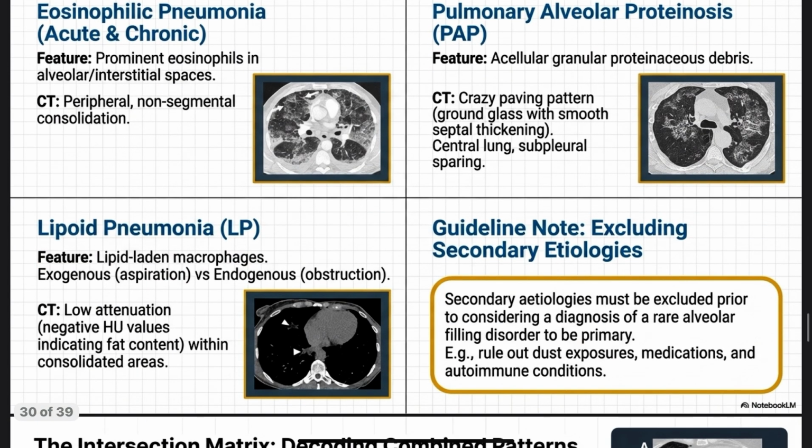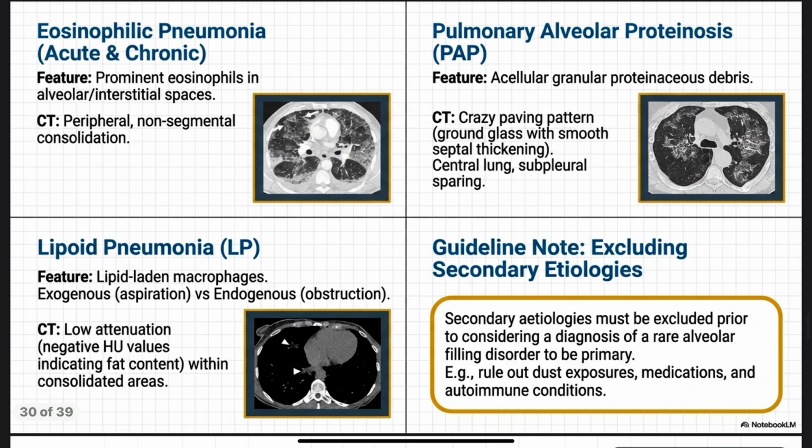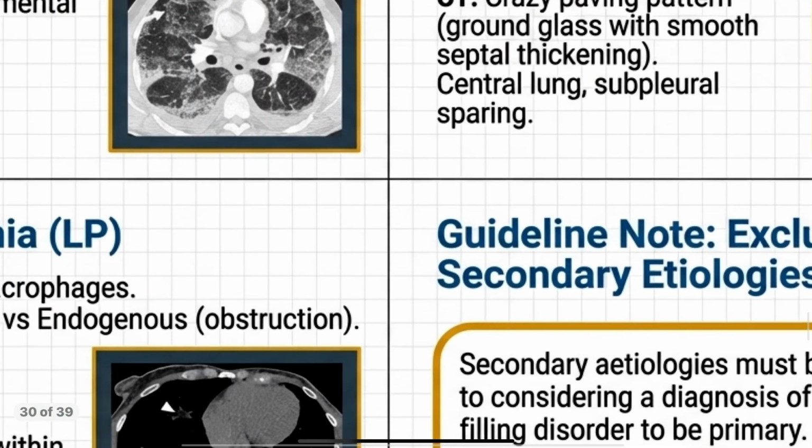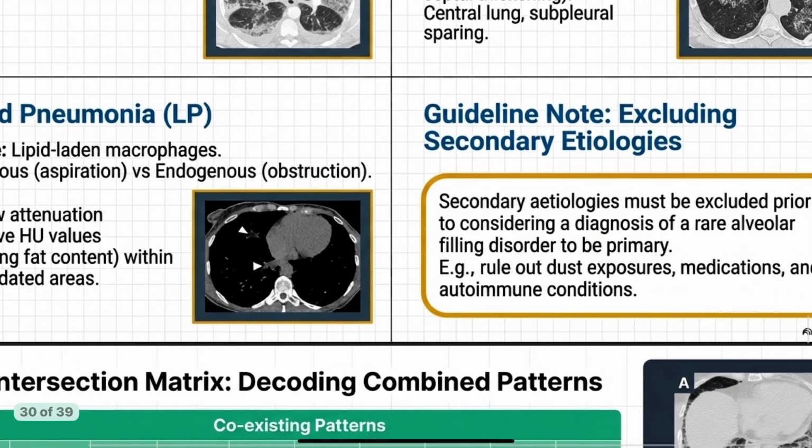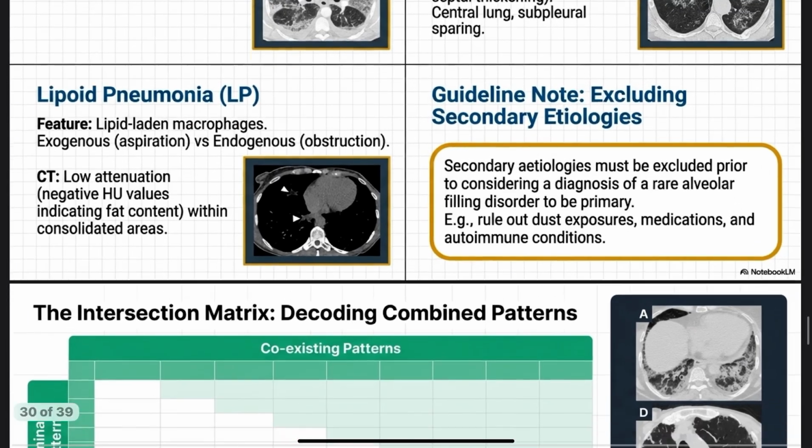So these are very rare patterns, but eosinophilic pneumonia shows peripheral non-segmental consolidations. PAP shows the crazy paving pattern, the famous pattern for PAP. And lipoid pneumonia shows low attenuation, and these things.